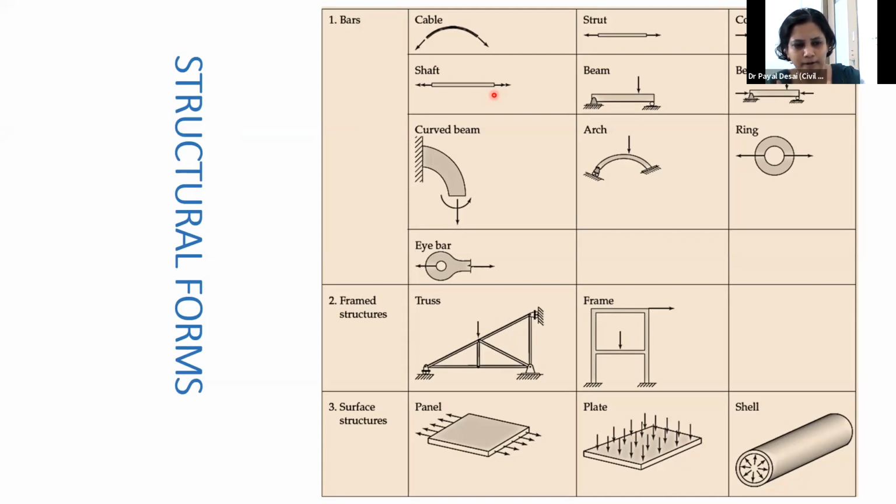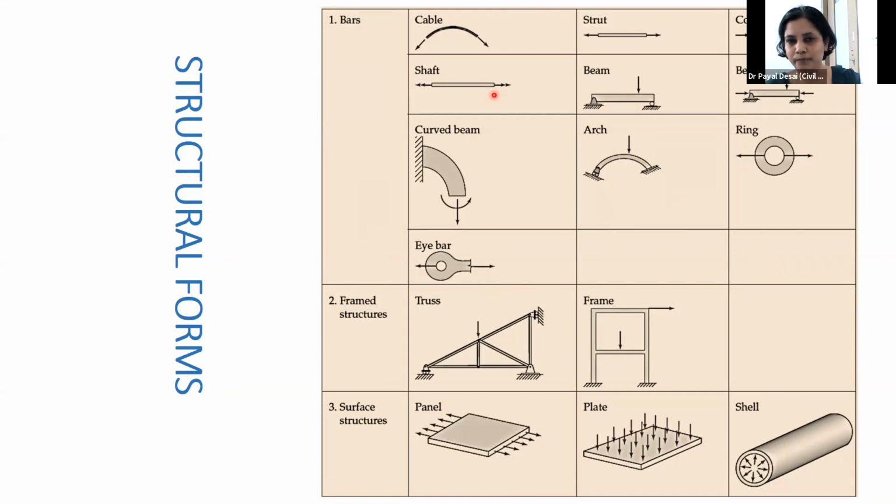Now, another type of structure is the frame structure, which is an assembly of bar elements or beam elements or columns and so on. When two bar components are attached with a pin, a frictionless pin connection, we call that structure a truss. You know how to analyze trusses.